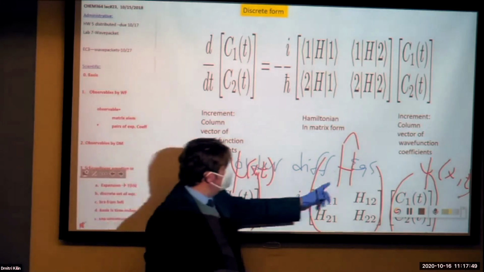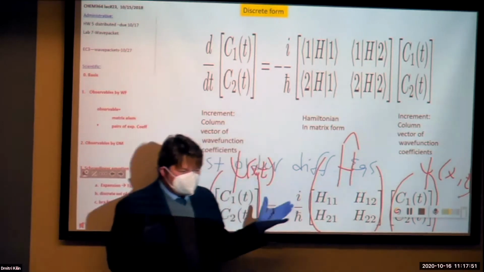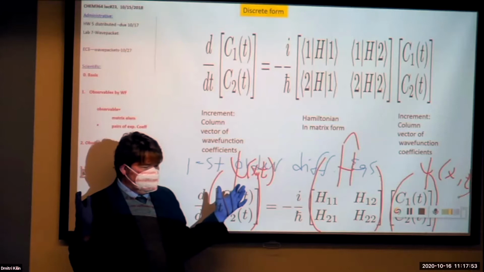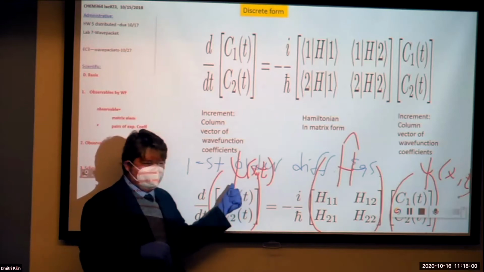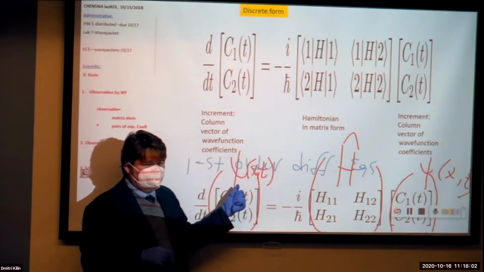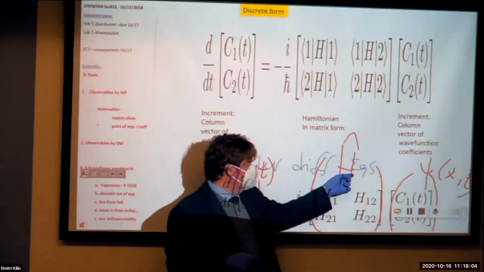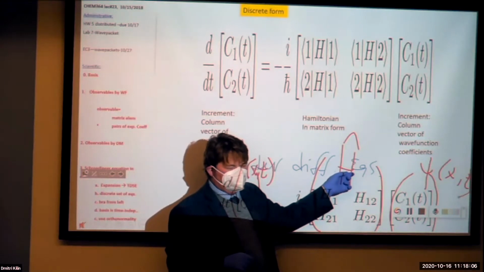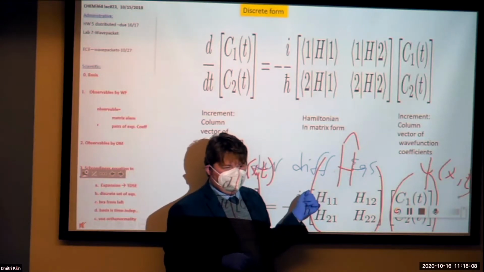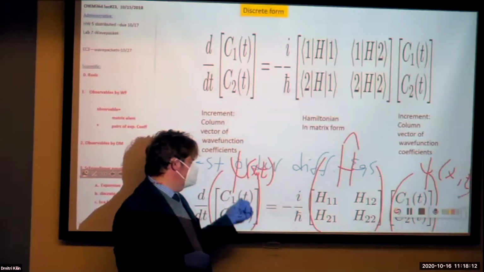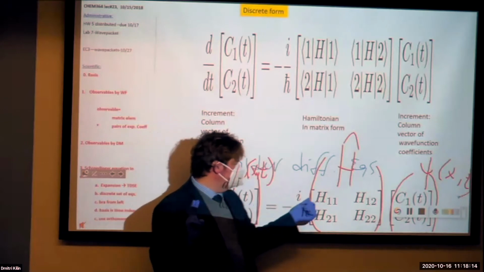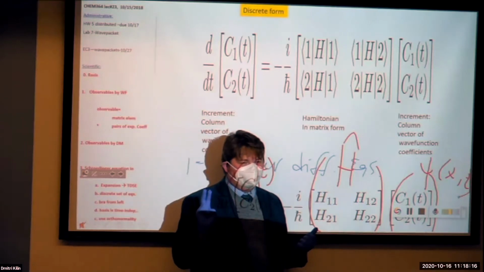And instead of a differential operator, which in some sense is also a matrix, but of dimension infinity squared. If the number of independent points for the wave function is infinity, then the number of independent points in the matrix corresponding to the total energy operator is infinity squared. Here we go to, let's say, dimension of the wave function 2 and dimension of the Hamiltonian 2 squared.